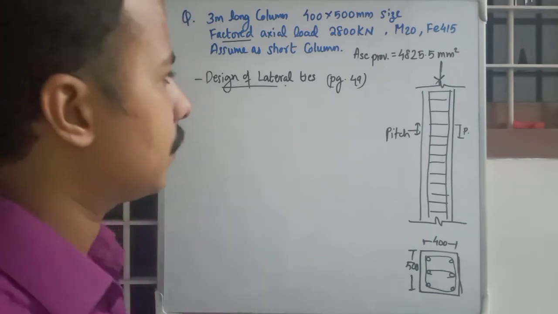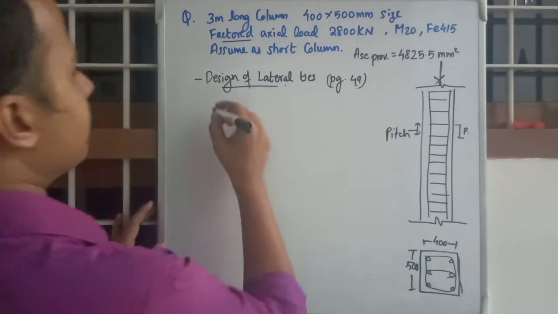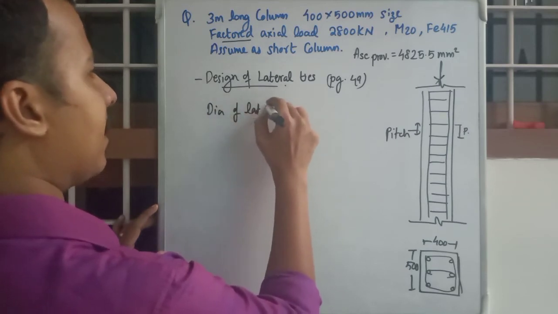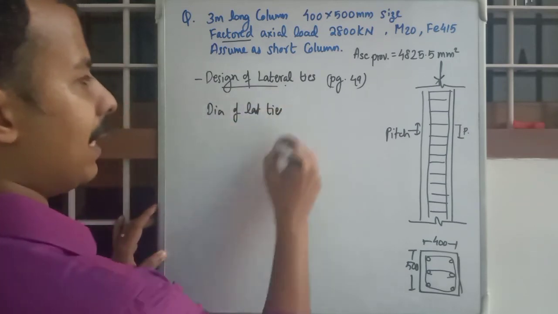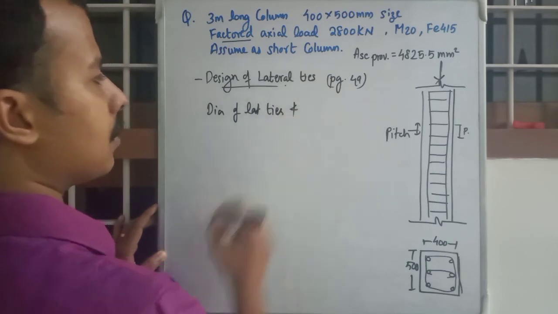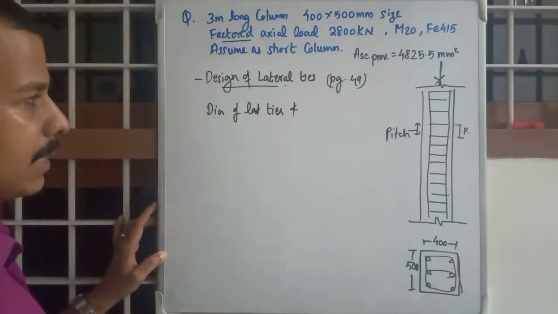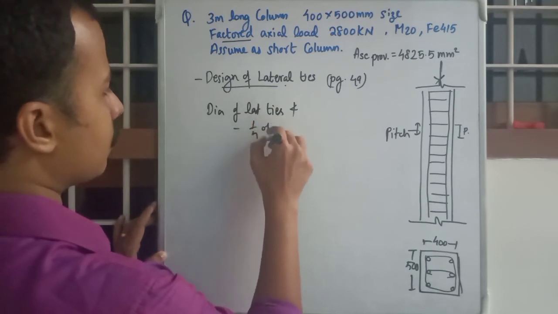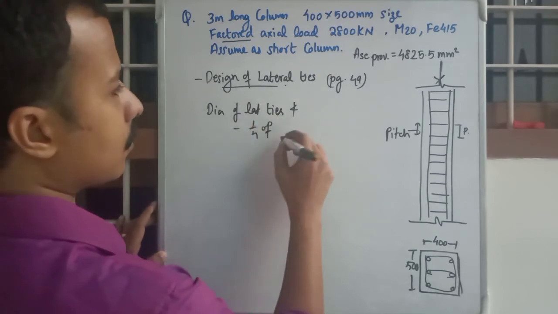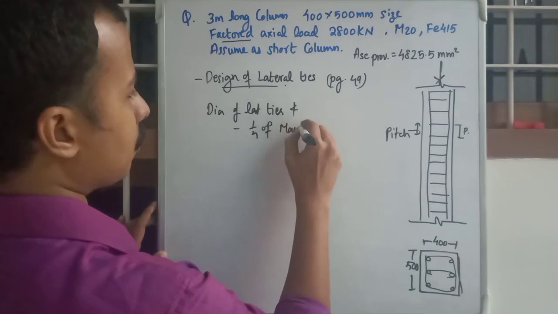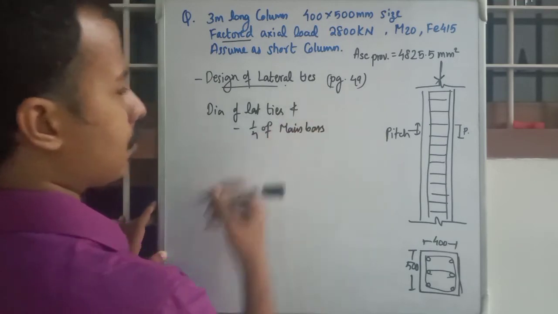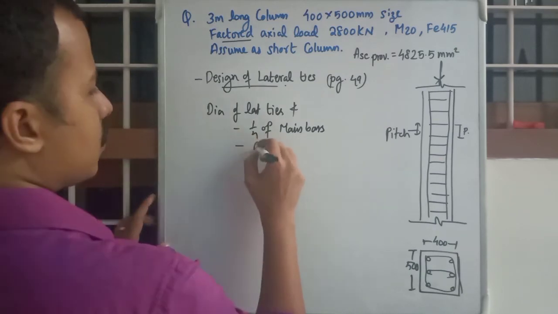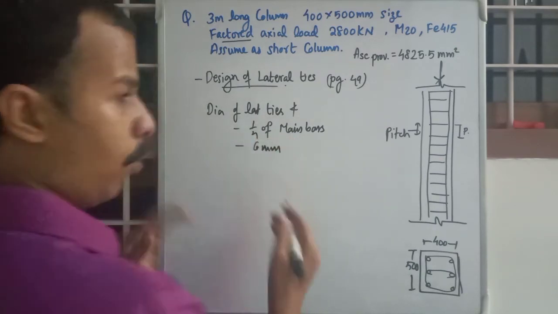Okay, so moving on, the diameter of lateral ties shouldn't be less than, as on page number 49, 1/4 of the main reinforcement, that is 42, right, and 6 mm, that is the bottom point.